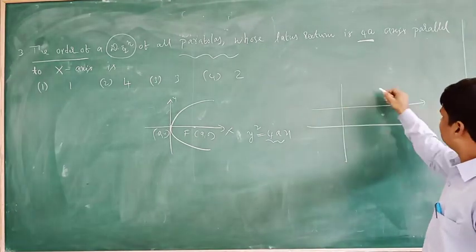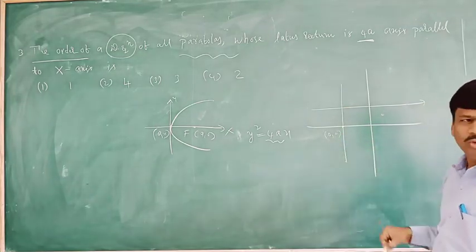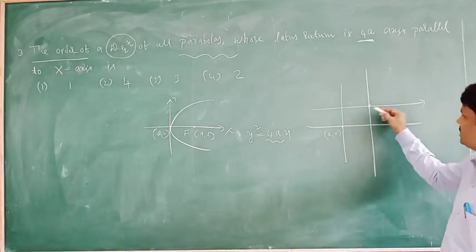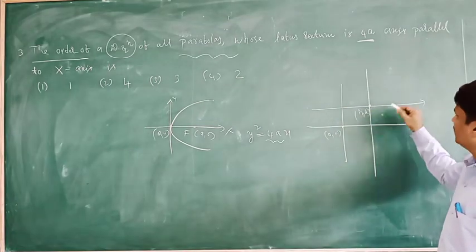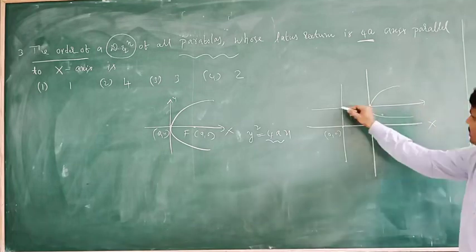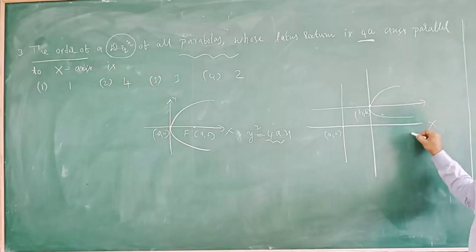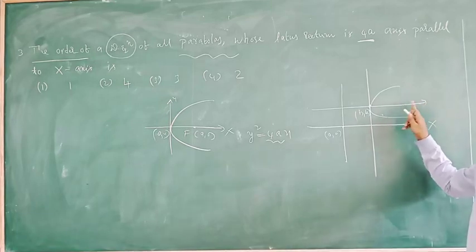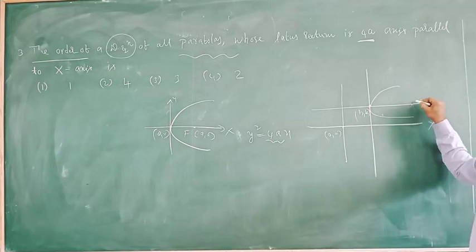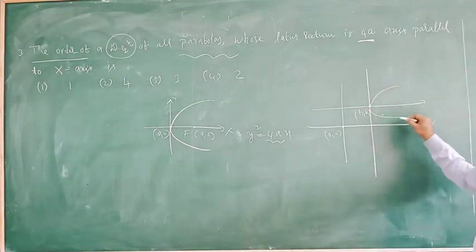So this is the x-axis, and I will take the y-axis like this. Here it is the origin (0, 0). This origin is shifted to some other place, which is (h, k). So the parabola will be here. This line is parallel to x-axis, not the x-axis itself, and this line is the axis of this type of parabola.